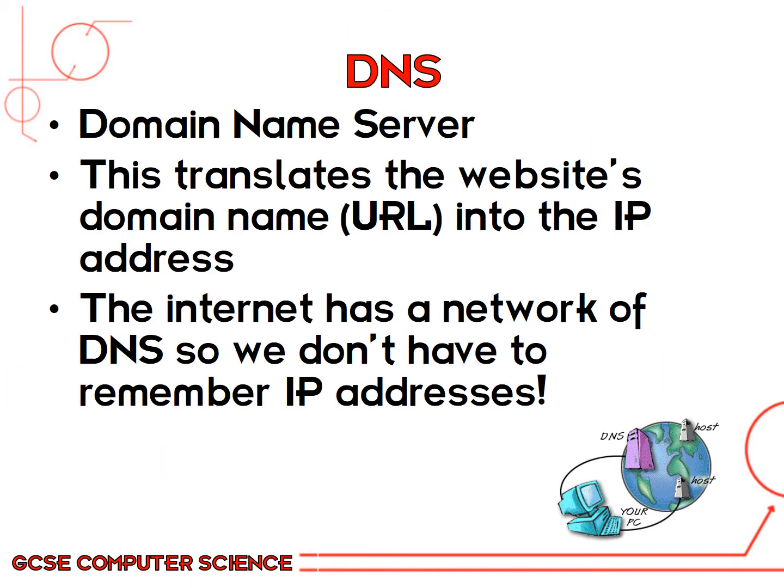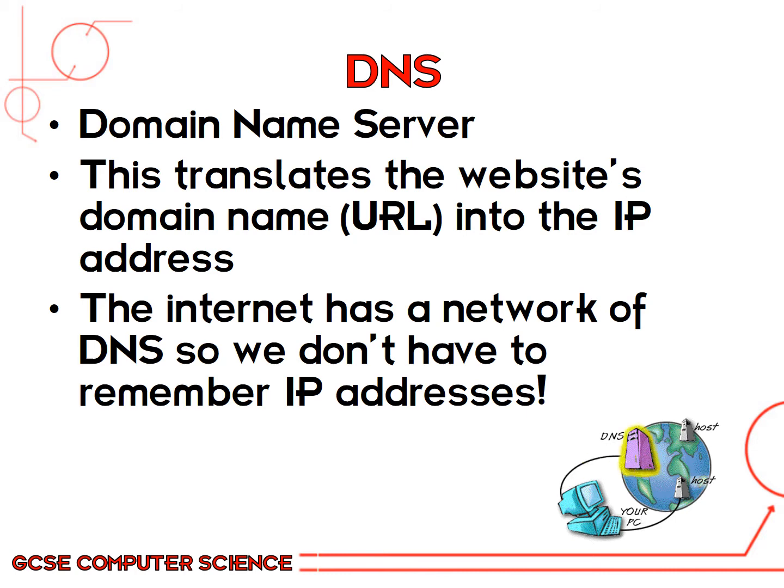So by this stage, we're pretty much all aware that computers don't speak English. They all understand everything in binary zeros and ones, and everything needs to be translated at some point into their language that they'll understand. Now for websites, obviously humans aren't going to really memorize 192.168.170.13 for every single web page that they want to access.